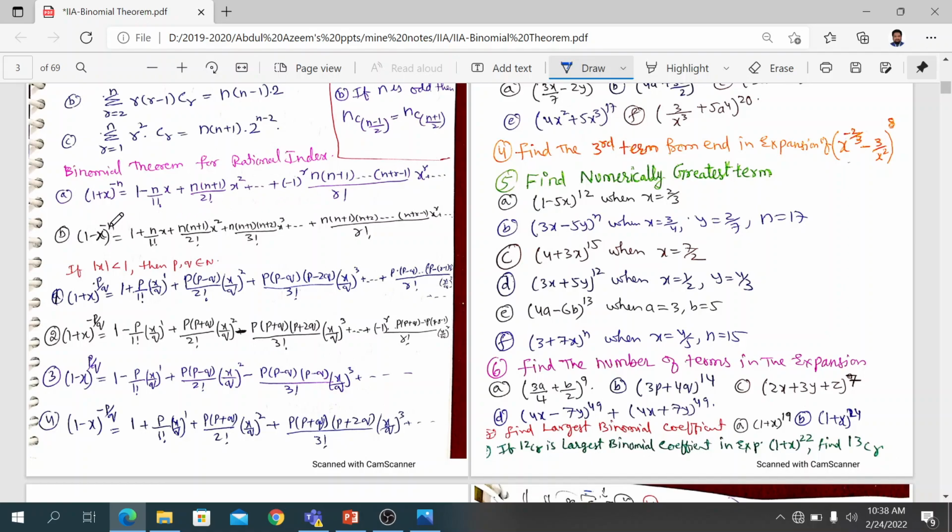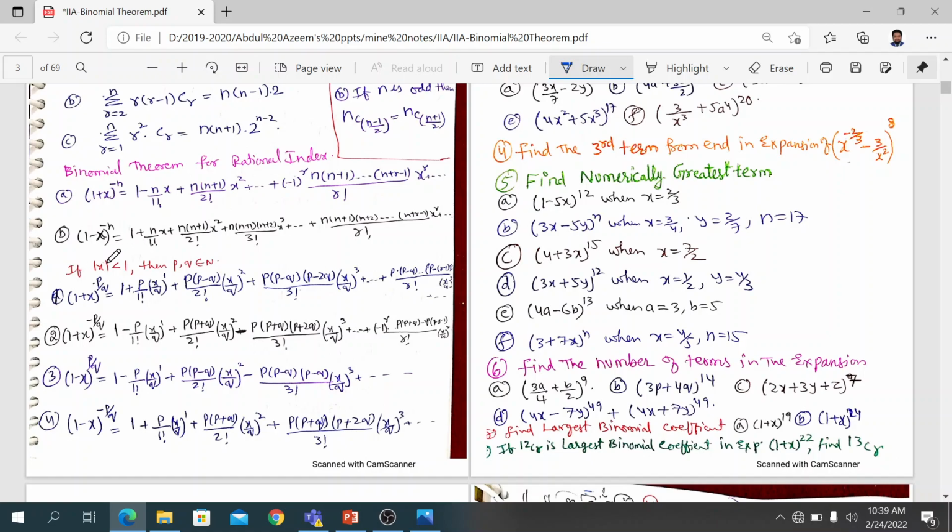Similarly, 1 minus x power of minus n is equal to 1 plus n by 1 factorial x plus n into n plus 1 by 2 factorial x square plus n into n plus 1 into n plus 2 by 3 factorial x cube plus so on.